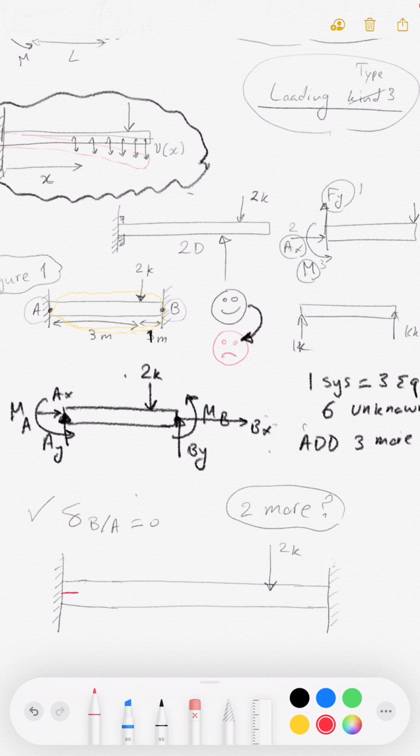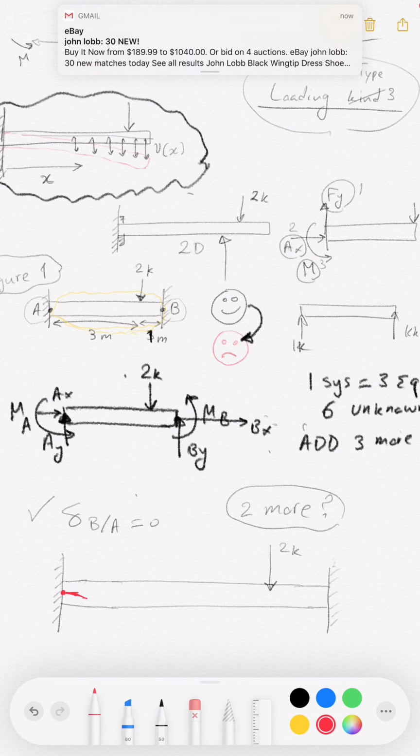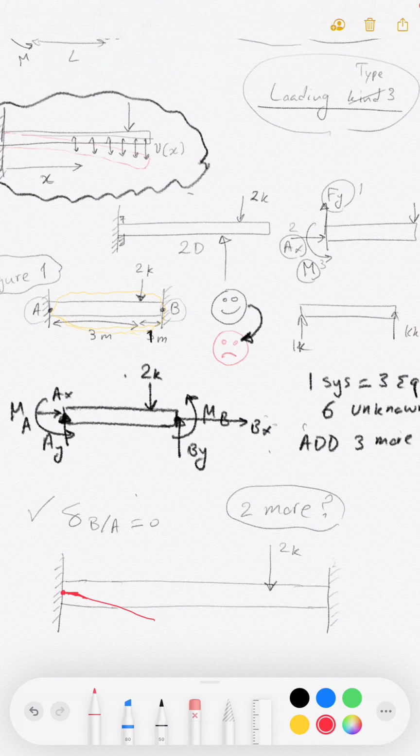And in the wall, this point, you see, it's not going to go down or up because it's fixed to the wall. But the moment I detach myself from that, I go a little bit down, right? I go a little bit down, and I go somewhere. It's not necessarily at the middle because this loading is not symmetric.